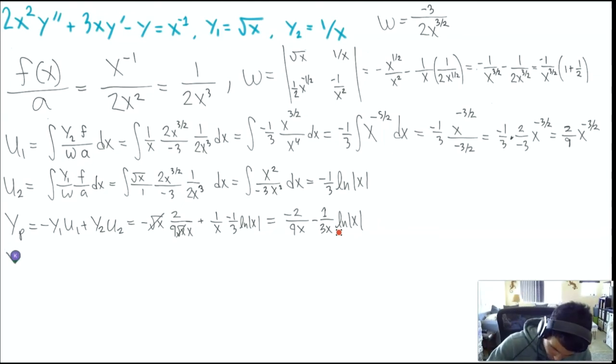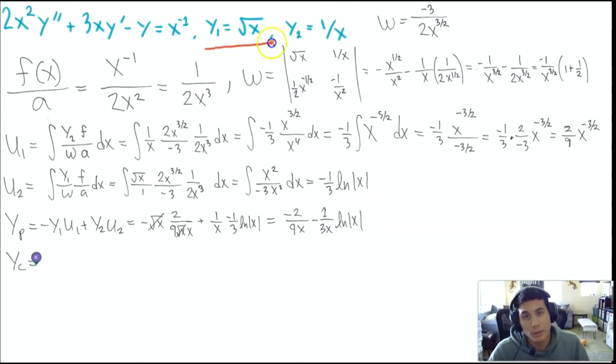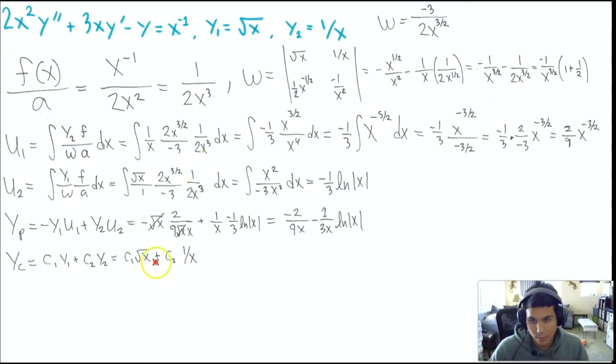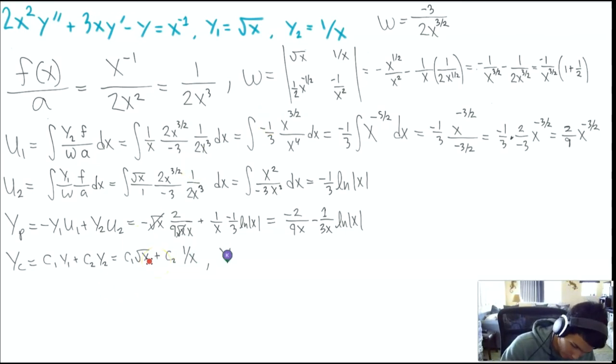Okay, yc, what is yc? They gave us y1 and they gave us y2, and this would be in the form c1 y1 plus c2 y2, which would just be c1 square root x plus c2 times 1 over x. And this is yc, and then we add yc plus yp to equal y.